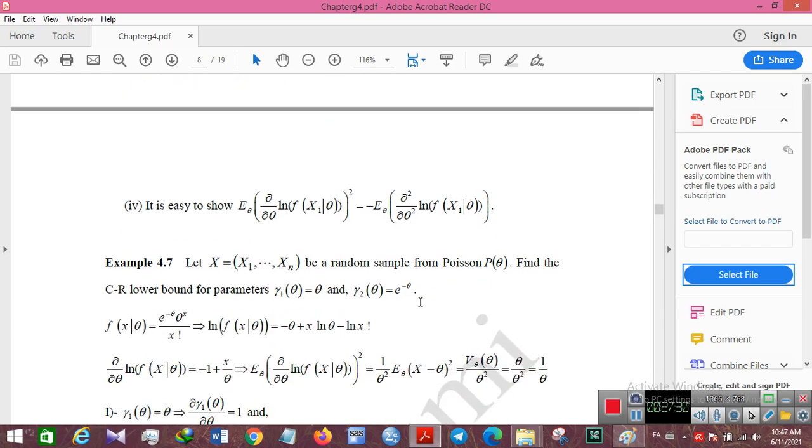For example, let X1 to Xn be a random sample from the Poisson distribution. We want to find the Cramér-Rao lower bound for the parameters γ1(θ) equal to θ and γ2(θ) equal to e to the minus θ. In this case we have this density function and this is the log of this density function.